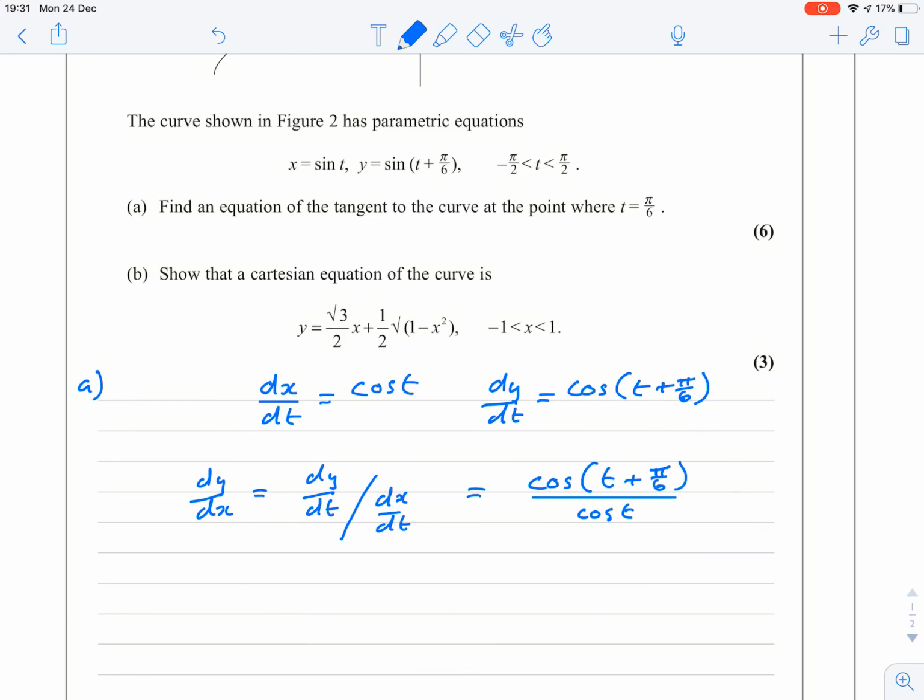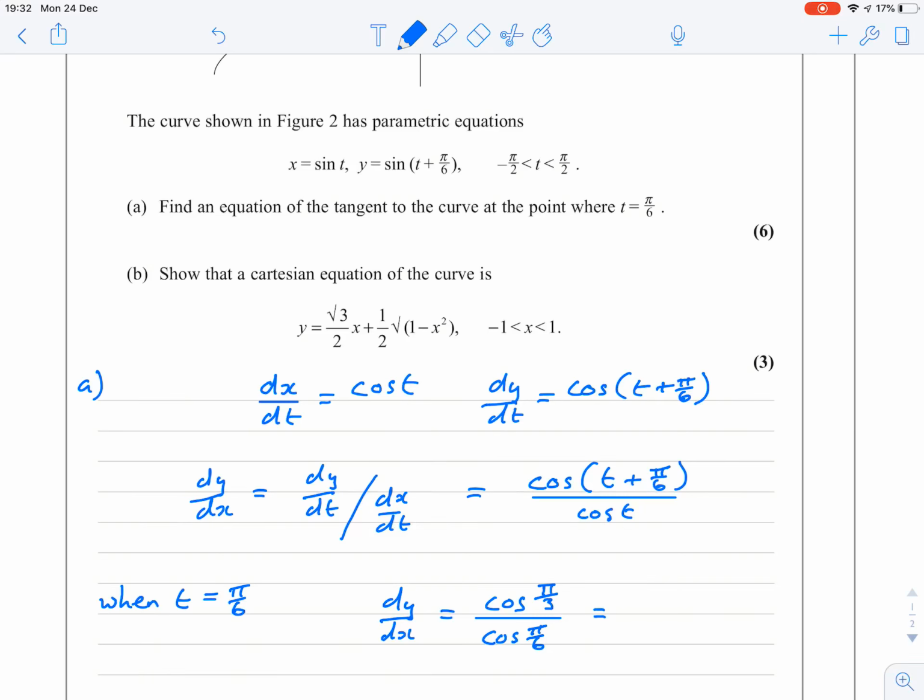Now we're interested in the gradient when t is equal to pi over 6. So at that time dy by dx is equal to the cosine of (pi by 6 plus pi by 6), which is pi over 3, divided by the cosine of pi by 6.